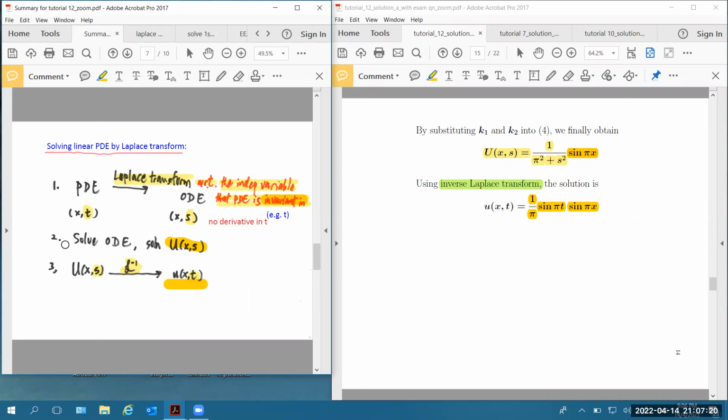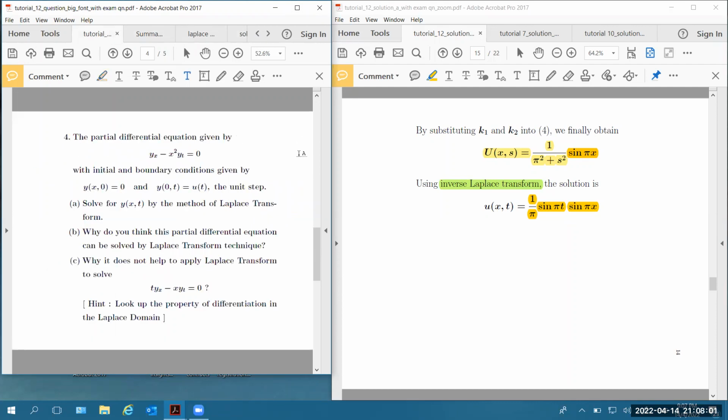Step 2 can be difficult because it depends on the ODE. If the ODE is like what we have just now, second order non-homogeneous, it takes quite a bit of effort to find the solution, right? And then, of course, the third step, the inverse Laplace transform, can be challenging also. Sometimes the function is very difficult, and then you don't know how to do the inverse Laplace transform, right? So step 2 and step 3 can be difficult. Okay, now let's do the next question.